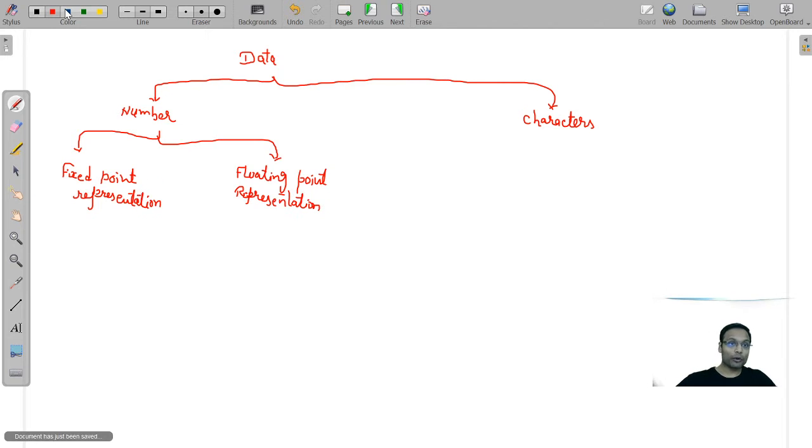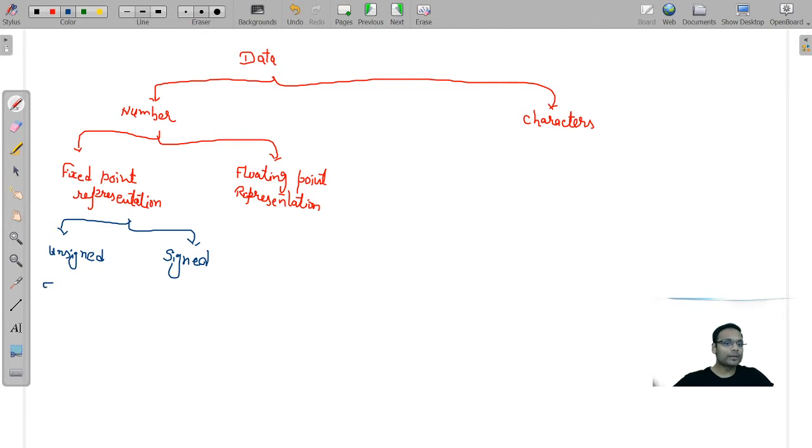If you have fixed point representation, then you can have another two types. In fixed point, the number can be either unsigned or signed. If you have an unsigned number, how do you represent 5 in binary? 101. Very simple. 6 is 110. 9 is 1001. Like this, you represent the number in binary.